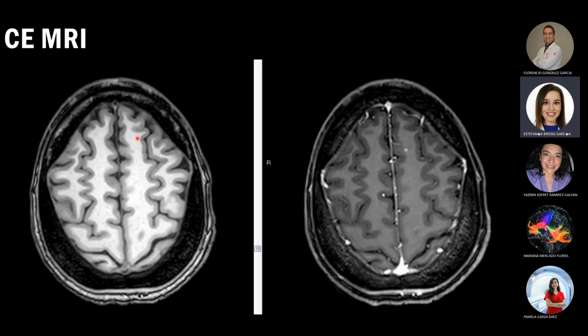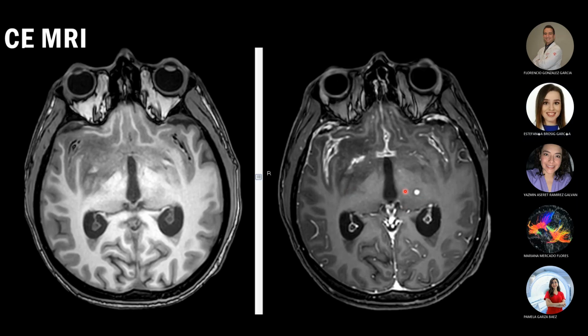We can see on the left side a T1 weighted image with no contrast, and we see a hypointense dot that has enhancement in the contrast enhanced T1 weighted images in the superior left frontal gyrus, and also in the left thalamus.